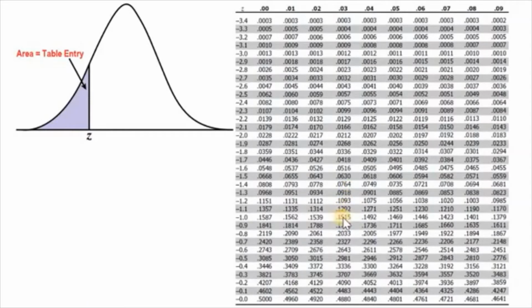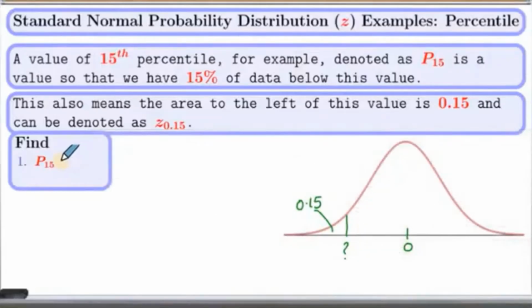So the corresponding z-score is negative 1.03. So therefore, we can write P15 equals to negative 1.03.